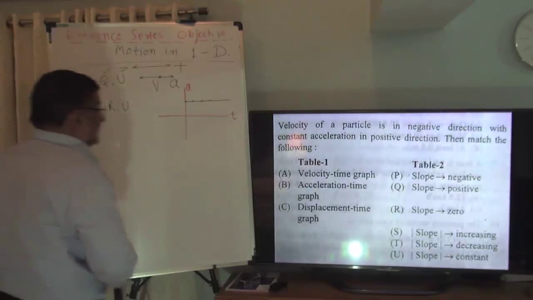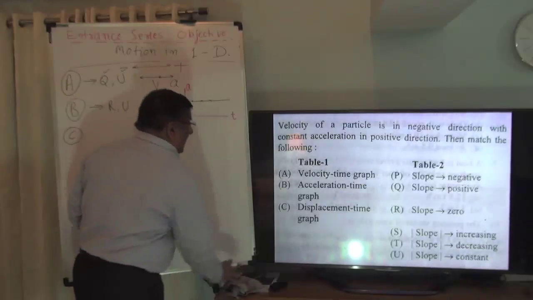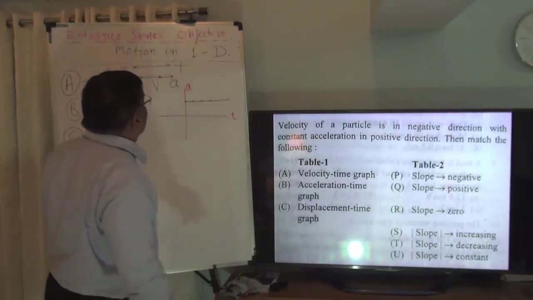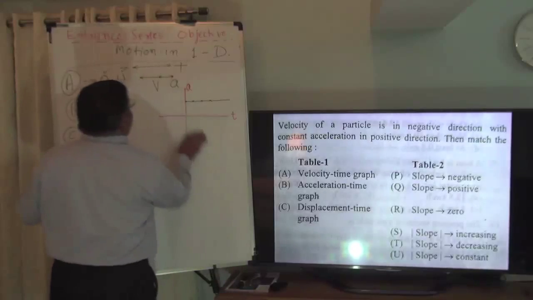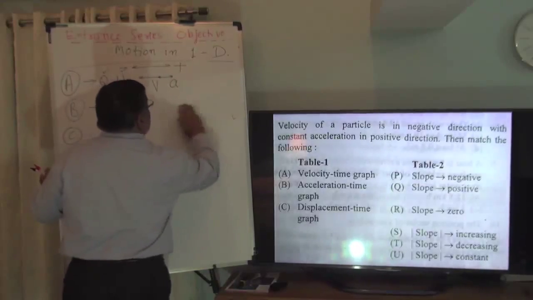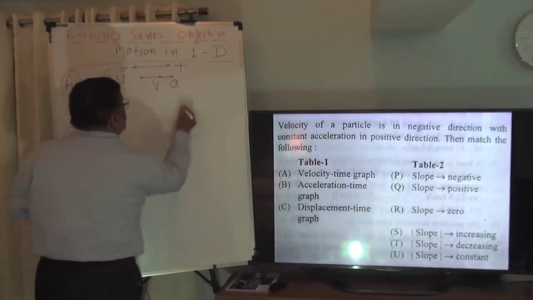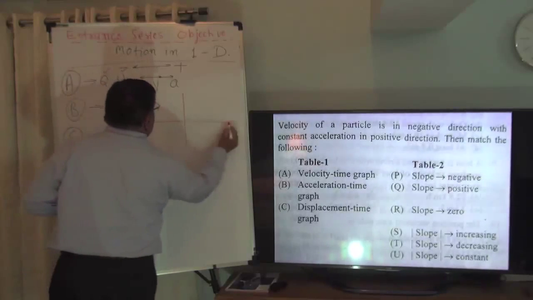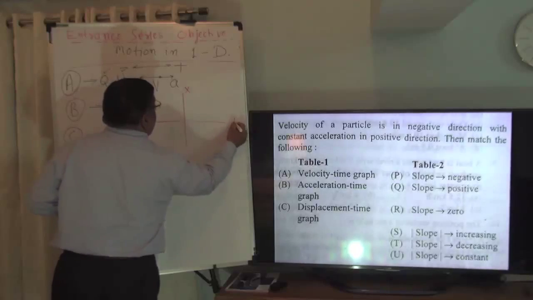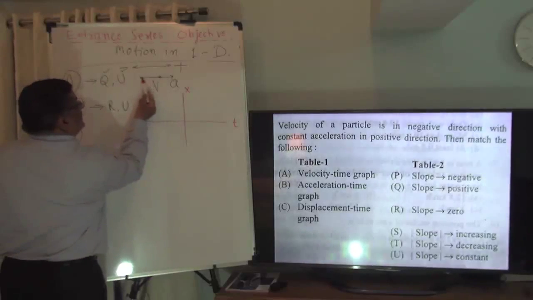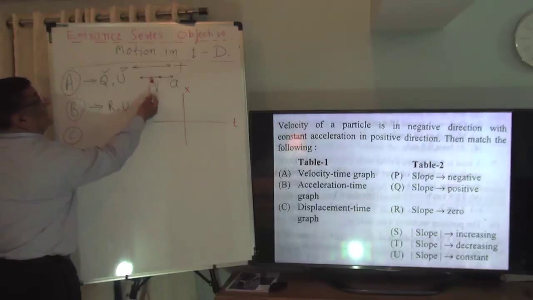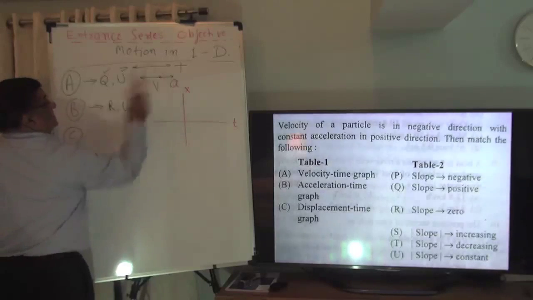Okay, now see displacement time graph. We will go for displacement time graph. Here the velocity is decreasing because of acceleration.